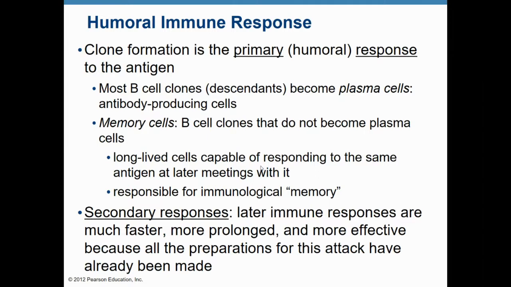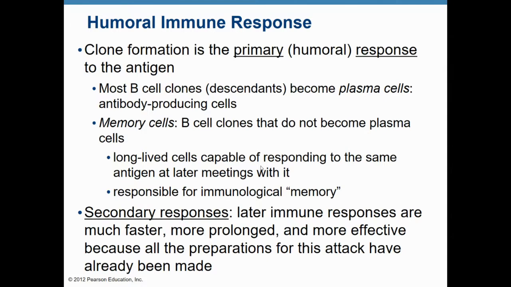But some of the clones are going to become memory B cells. They do not become plasma cells, but they remain behind in our lymphoid organs in case we ever encounter that same antigen again. It's like we've trained our immune systems to go, oh, I know you. You don't belong here.